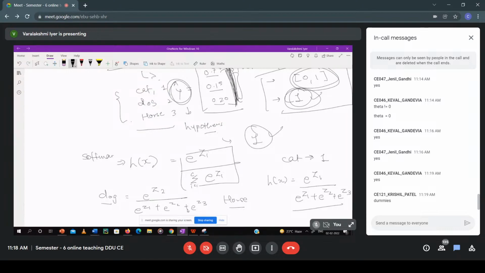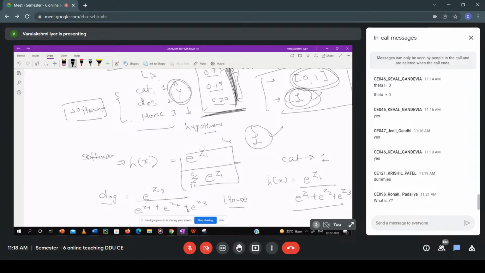So these 3 values you will be getting in the output in the case of softmax regression. You will be getting the probability values for all the 3 classes in your output whenever you are performing multi-class classification. Are you getting this? What is Z?